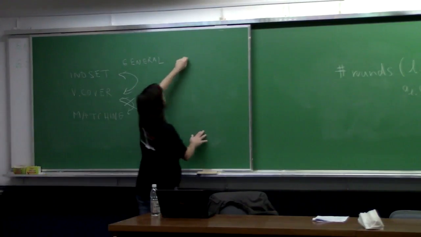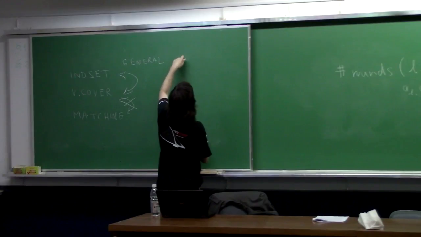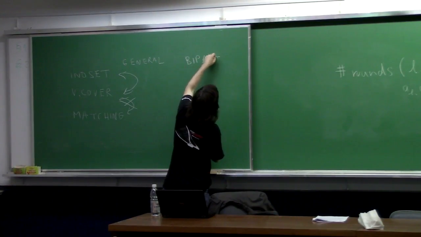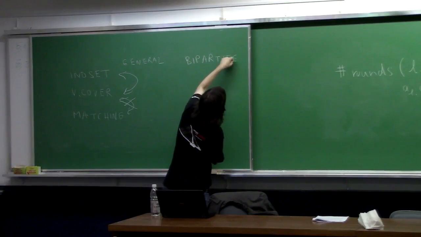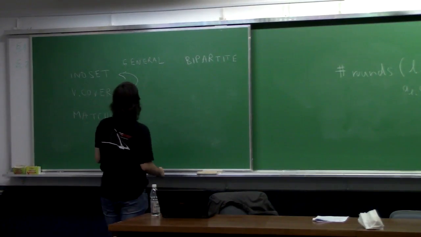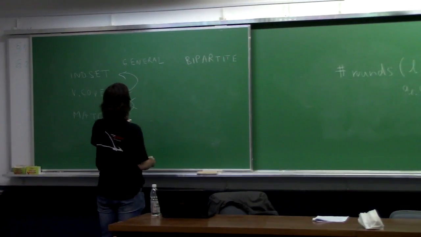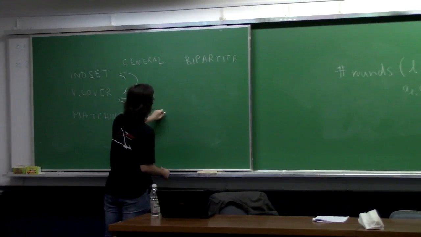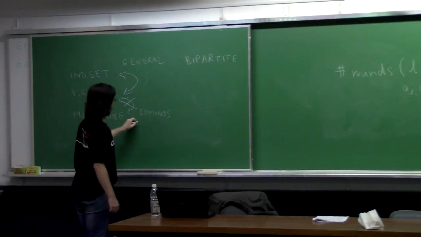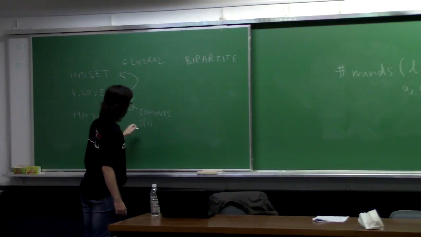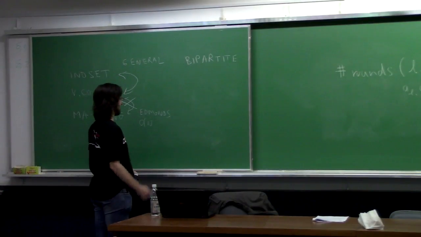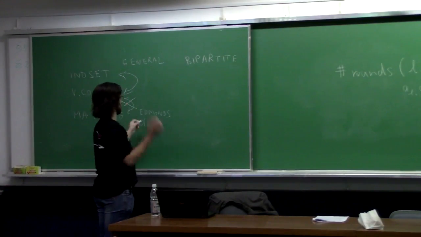And then we have bipartite graphs, here matching is Edmonds' algorithm in O, and don't know, n to the power of 3 or n to the power of 2 or something.